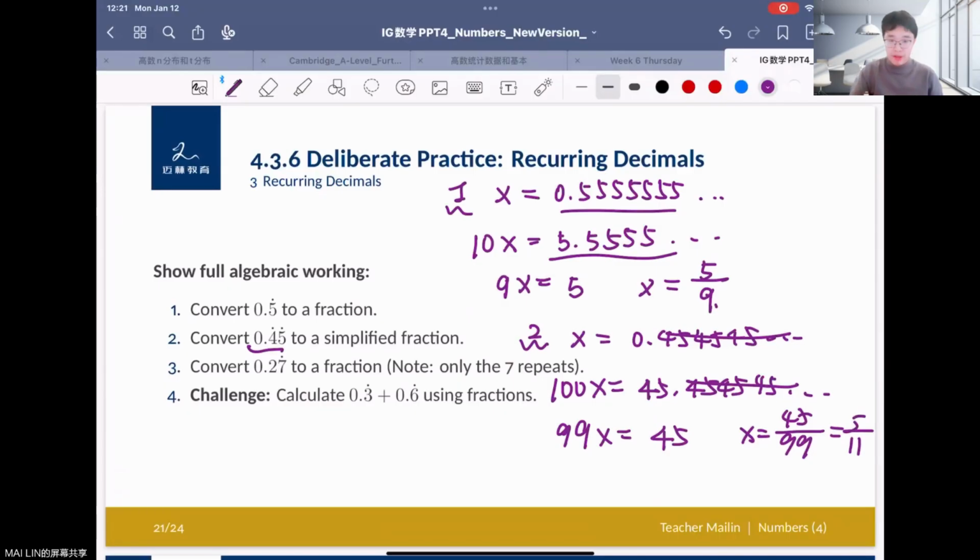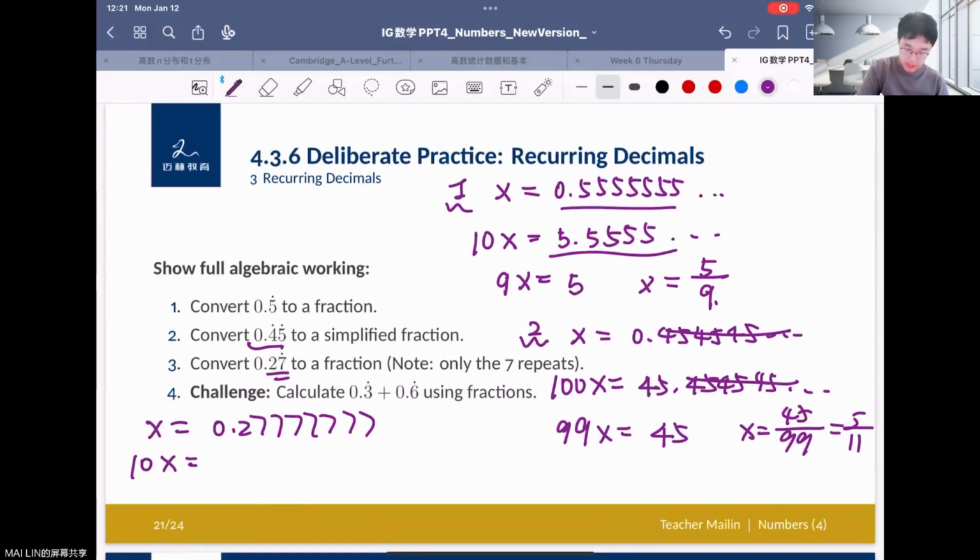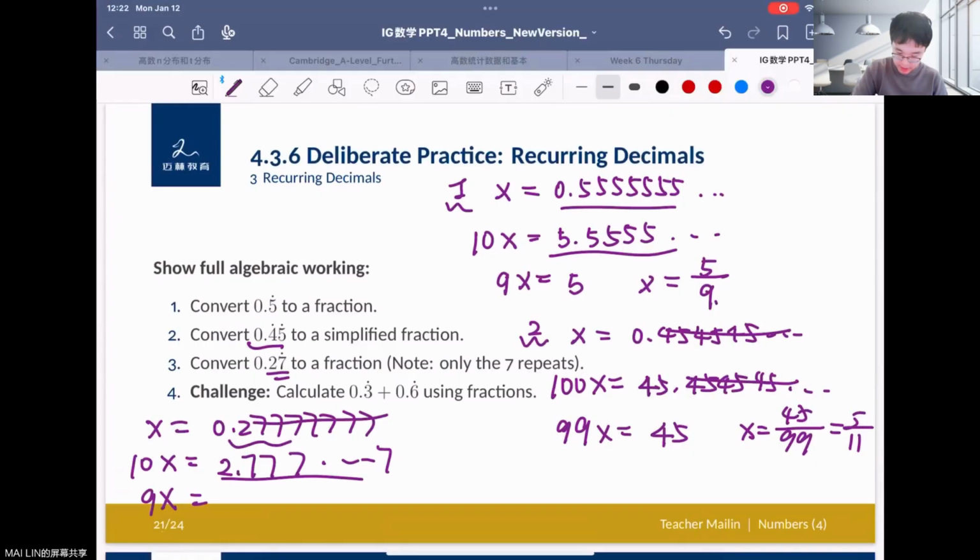For the third problem, there's only the 7 to be repeated, so we can write it as 0.27777, a lot of 7s after this, and then times 10, so 10x equals 2.777, a lot of 7s after this. Then you can take 10x minus x, which equals 9x, and the repeating parts can be deleted like here.